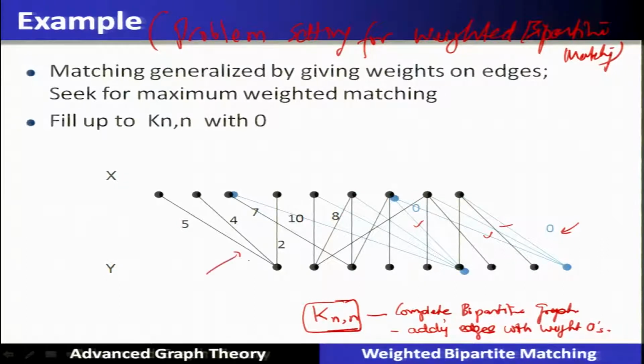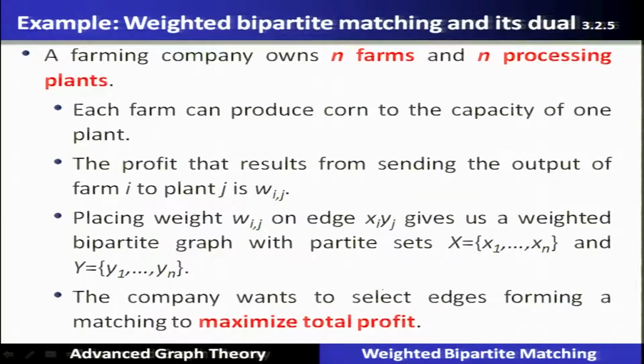Now, all other edges were having weights. So, we have now obtained a weighted bipartite graph, and now we will seek a perfect matching in this problem setting of maximum total weight. So, this kind of problem will arise in many practical situations.